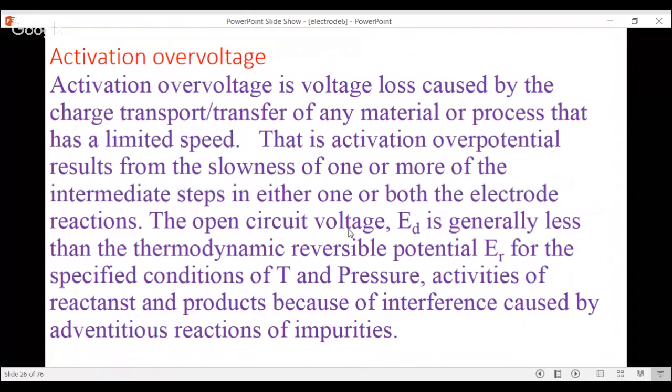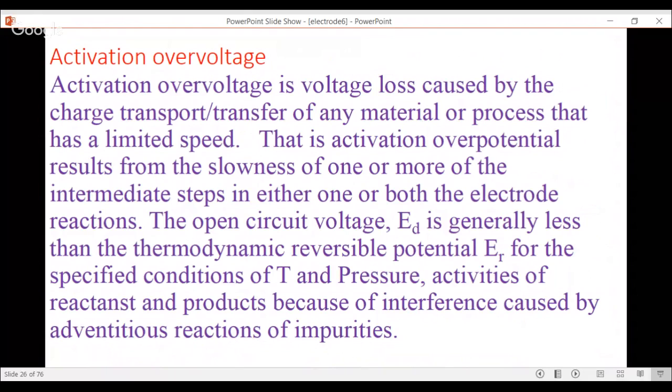The open circuit voltage is generally less than the thermodynamic reversible potential for the specific conditions of temperature and pressure, activities of the reactants and products, and because of the interference caused by adverse reactions of impurities. We have to say activities of reactants, not the concentrations. Since we do not determine the activities, we are assuming that in dilute solutions activity will be equal to concentration.